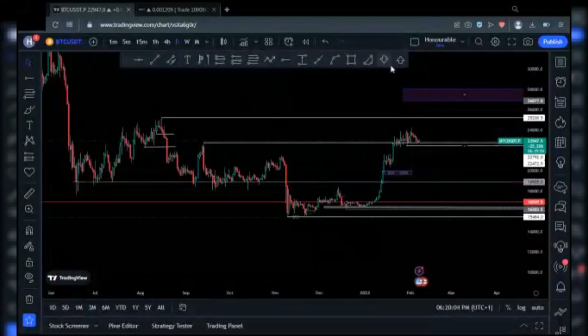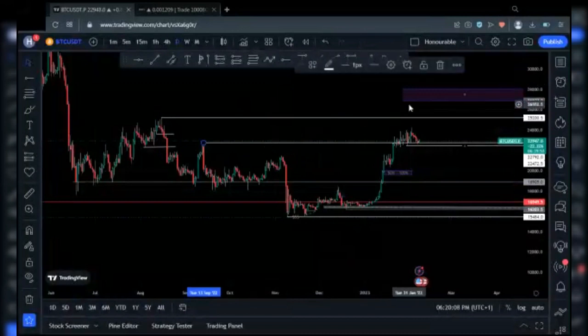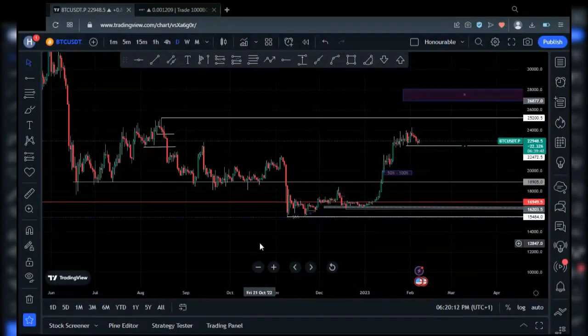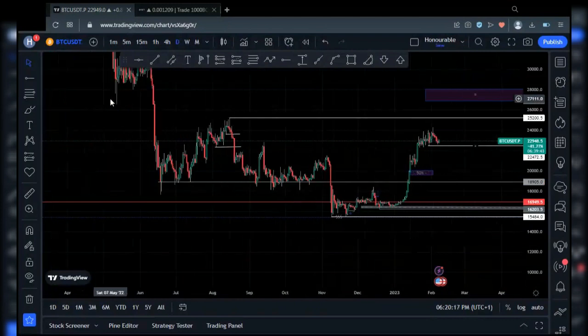Let me clean it up a little bit and take off these levels to make it clean. I believe the chart is clean now.